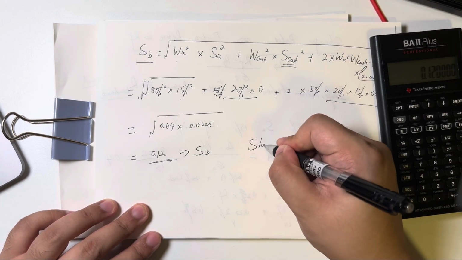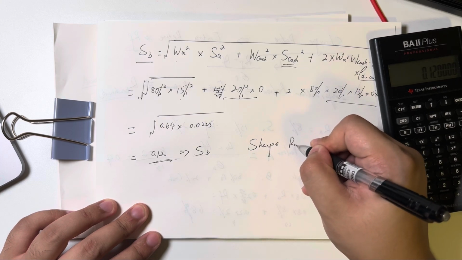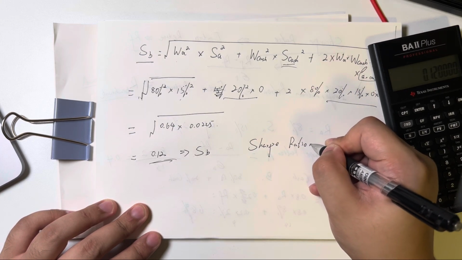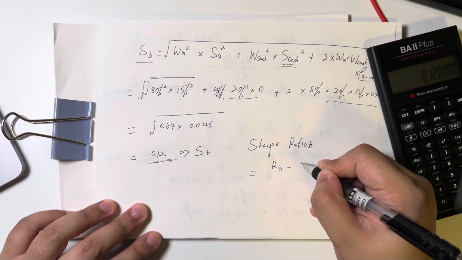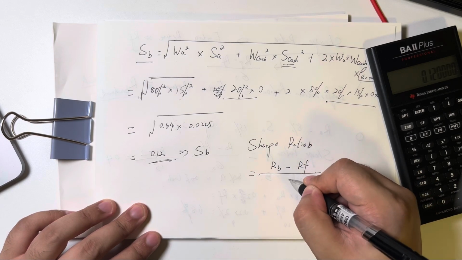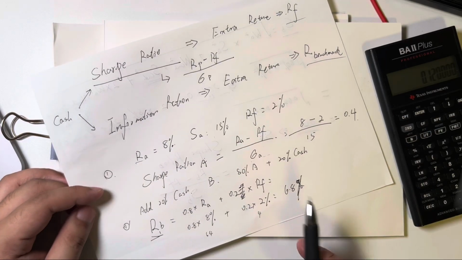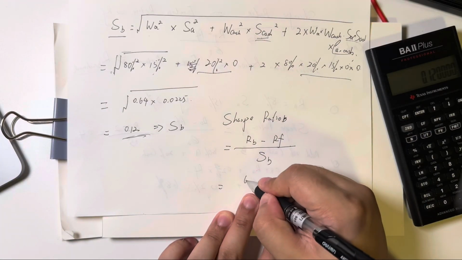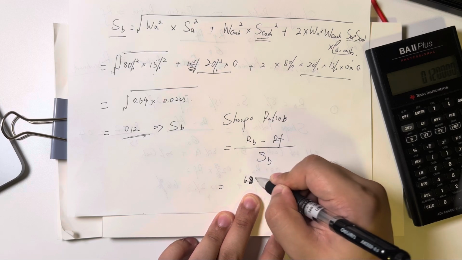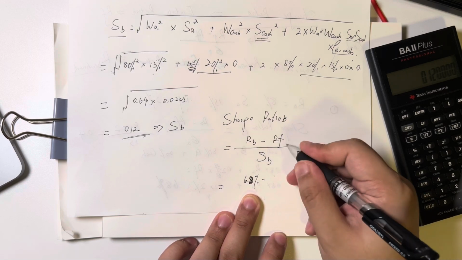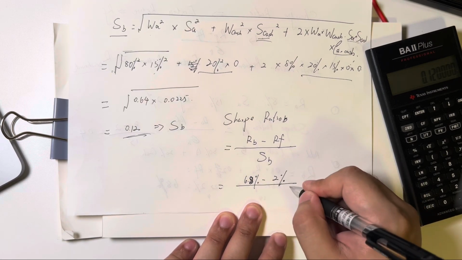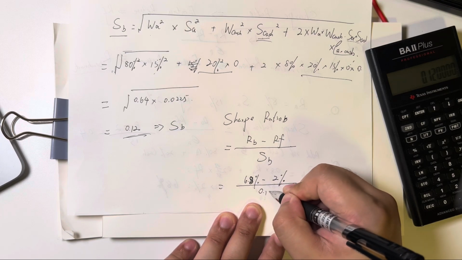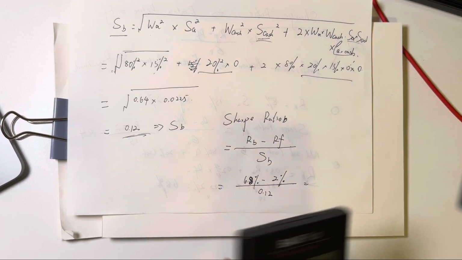Okay, and we are going to calculate the Sharpe ratio. So Sharpe ratio of B will be the return of B, subtract the risk-free, and divide by the standard deviation of B. So the return, we already calculated that, will be 6.8, sorry about that, 6.8%. Subtract this is 2%. Okay, and we divide it by 0.12. Okay, so let's see the results.